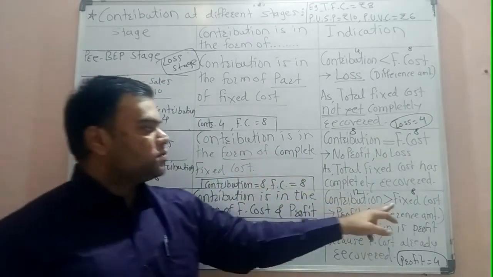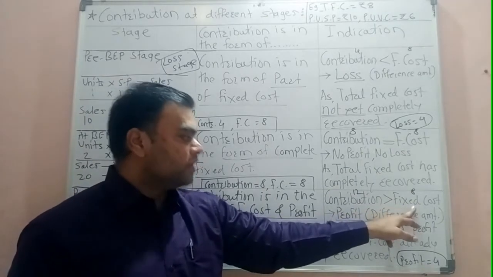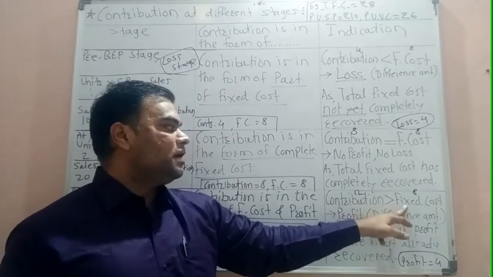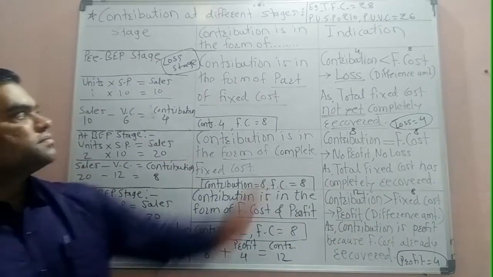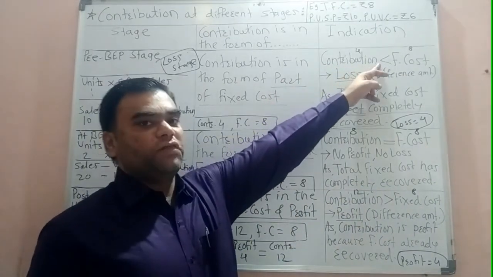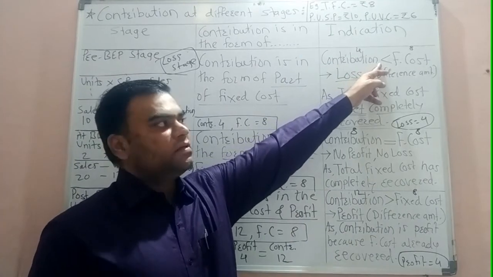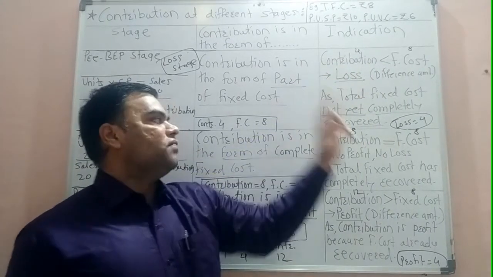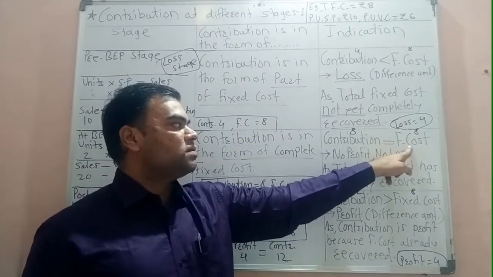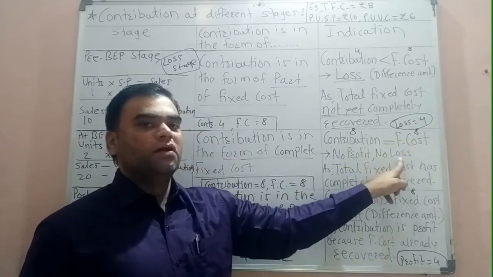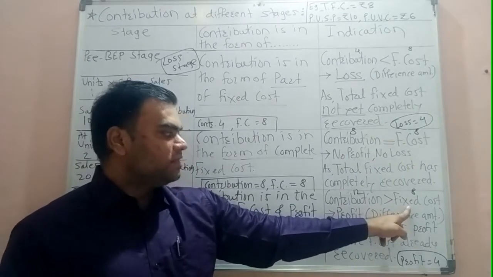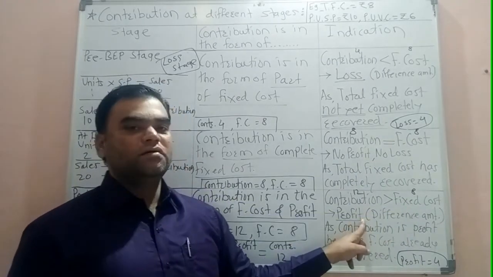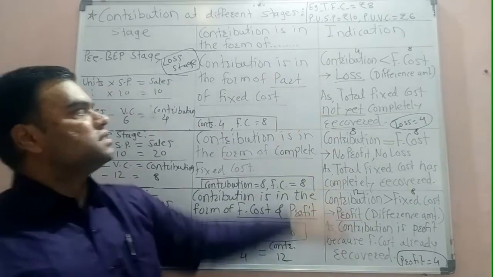And if our contribution is greater than fixed cost, then we have completely recovered fixed cost and now we are earning profit. Means if contribution is smaller than fixed cost, then there is a loss. If contribution is exactly equal to fixed cost, then there is no profit and no loss. And if contribution is greater than fixed cost, then the company is at profit. This is a test, this is an indication.